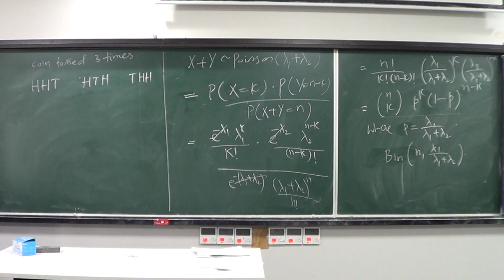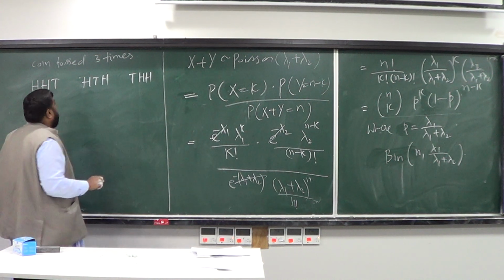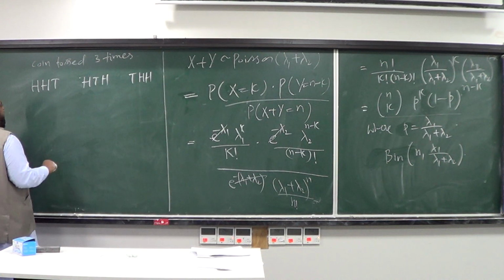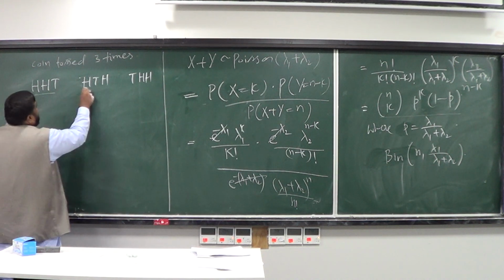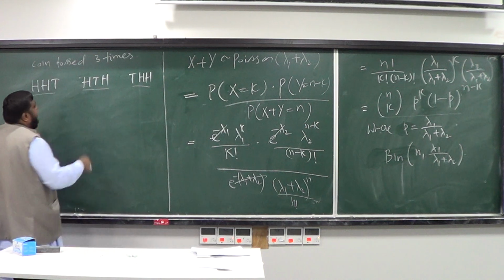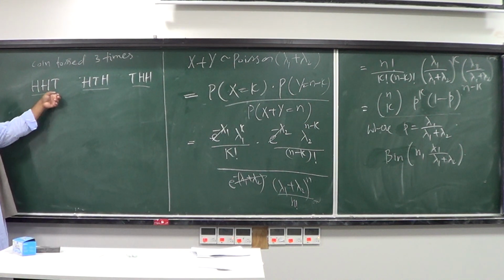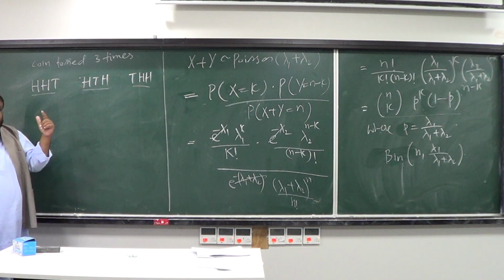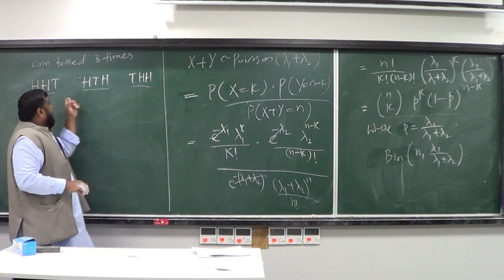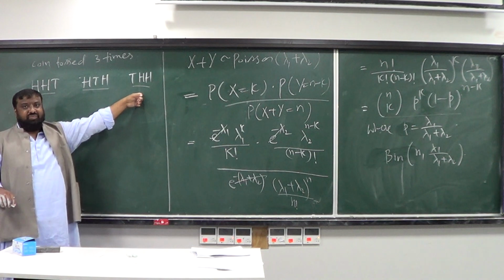What we would like to prove is that all these 3 orderings of tail and head, if you see, the ingredients are the same, there are 2 heads and 1 tail, but they have a different order.